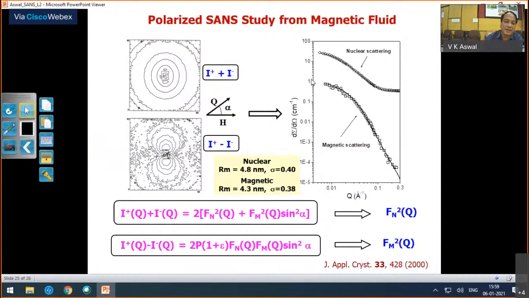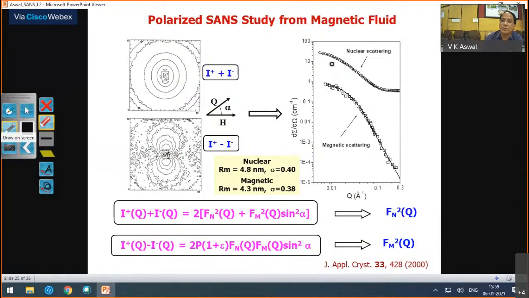And then you can see here the finally derived contributions for nuclear and magnetic scattering. So there is about 2 orders less magnetic scattering, and you see the error bars; they have been measured quite precisely and without any incoherent background. So this is the beauty of contrast variation, that a very weak component can be separated from the strong contribution using contrast variation, magnetic small angle neutron scattering.